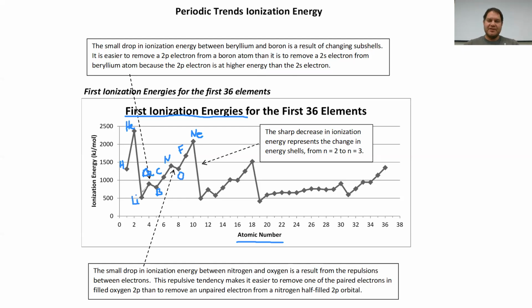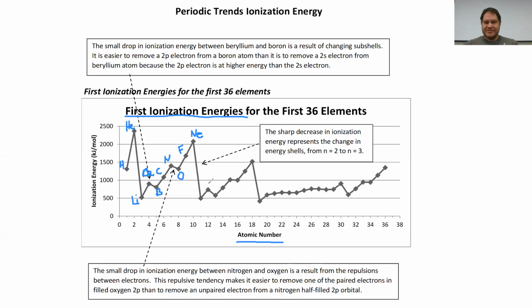But for the most part, there's an increase in the first ionization energy. So it's easier to remove the first electron from lithium than it is from neon, and across period 2, it's getting harder and harder to remove the first electron.